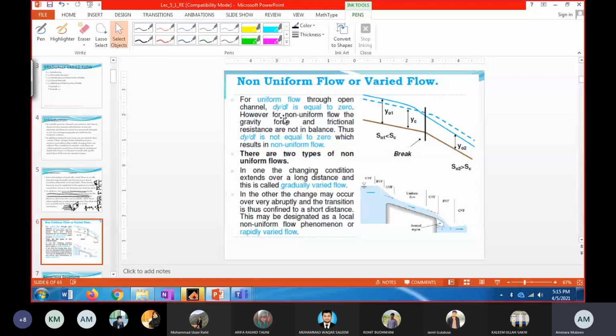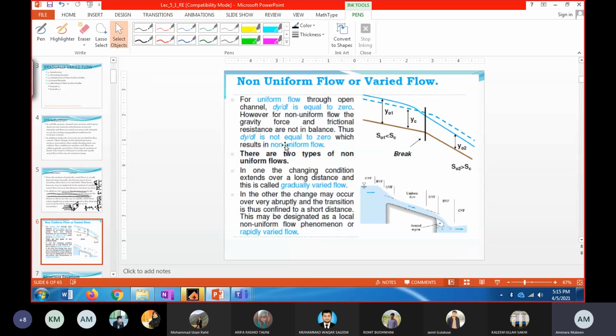What does that mean? The change in depth with respect to the length of the channel is 0. However, for non-uniform flow, the gravity force and frictional resistance are not in balance. Thus, dy by dl is not equal to 0, which results in non-uniform flow.